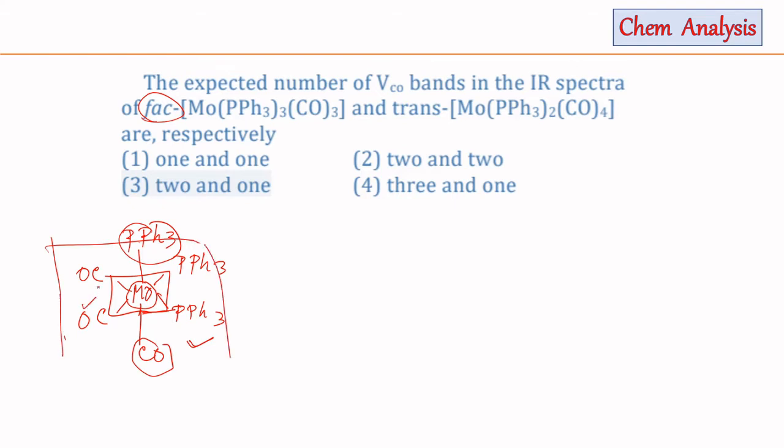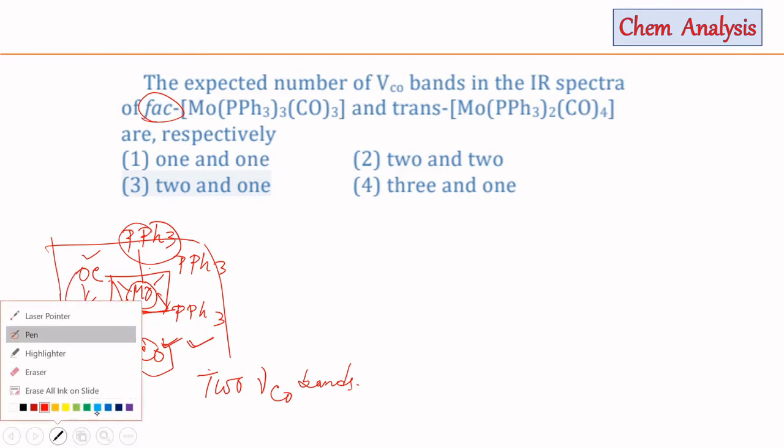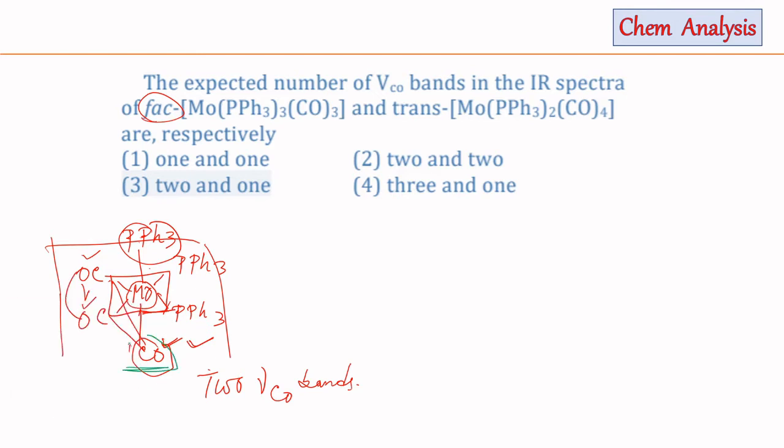Therefore this CO and this CO will be similar, and these two CO groups will be different from this one. Therefore, you can see in this complex there will be two CO stretching bands.